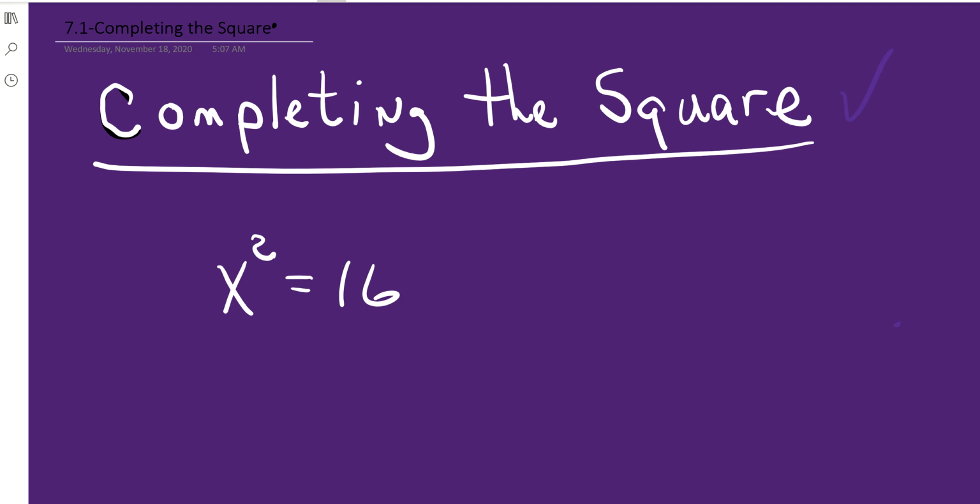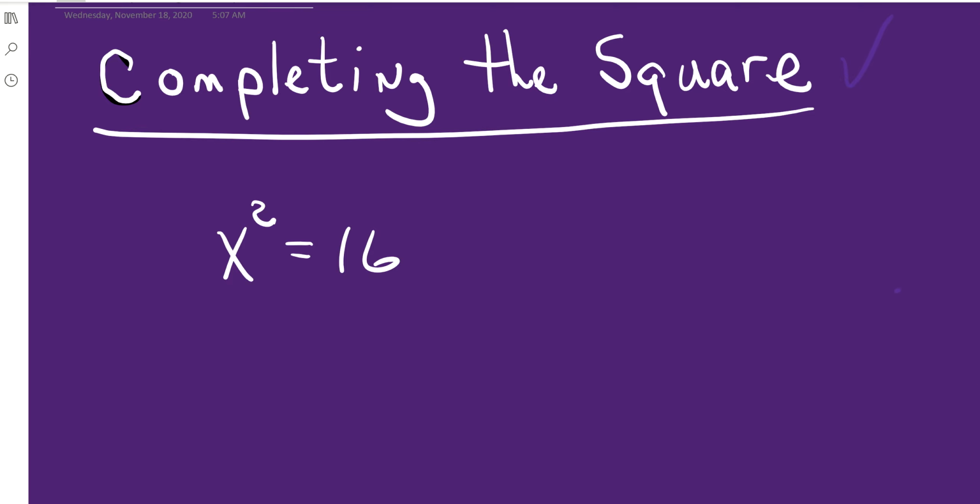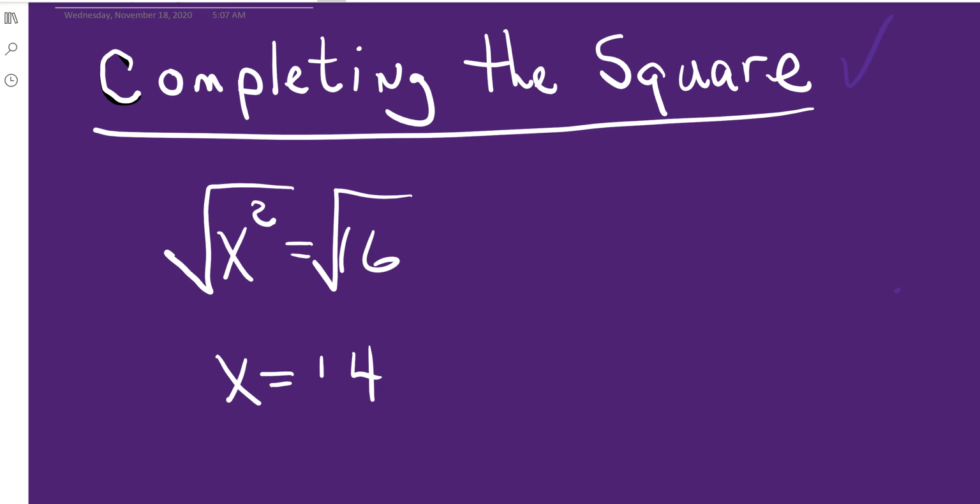Using the square root property to get the x's separated, so I just have this solved for 1x, I would take the square root of both sides. Then x is going to equal 4. But I have to remember to put a plus or minus in front of my answer, because 4 could be -4 or +4.